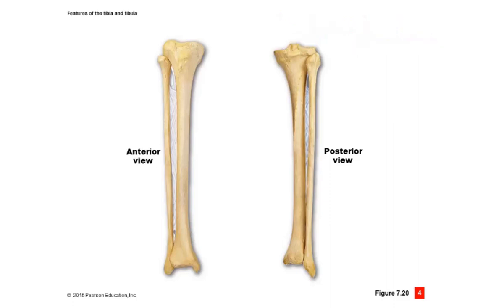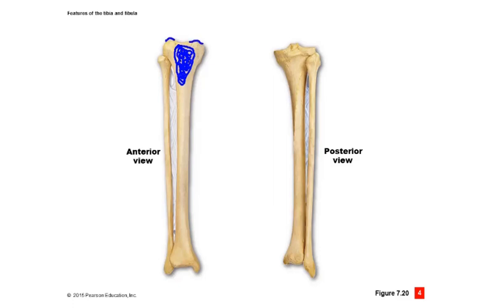Now what I really want to get into and show you is this area right here of the tibia. This is the anterior section of the tibia in the front, and this is like a rough bumpy patch right here, and it's on the front of the tibia below those condyles. Here's the condyles.